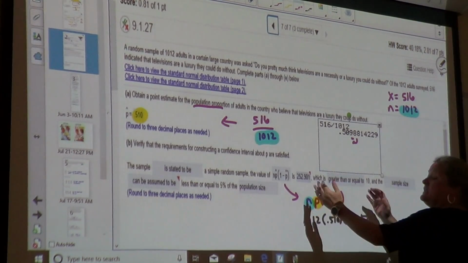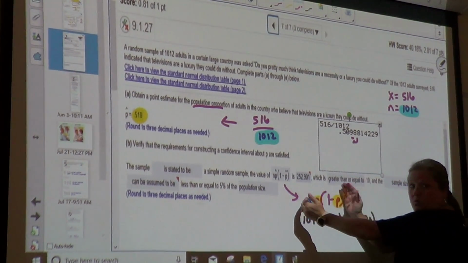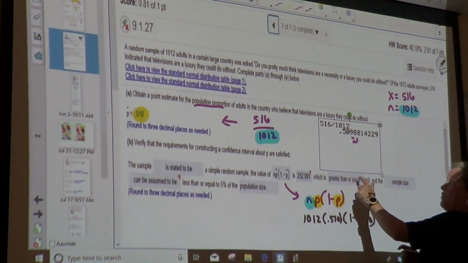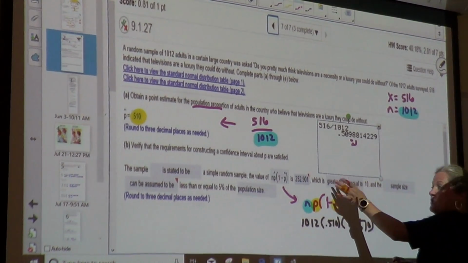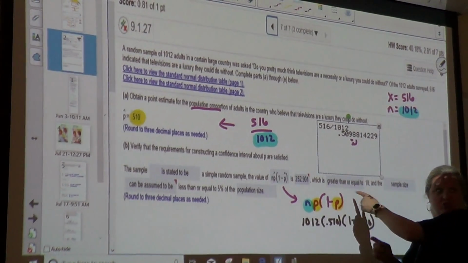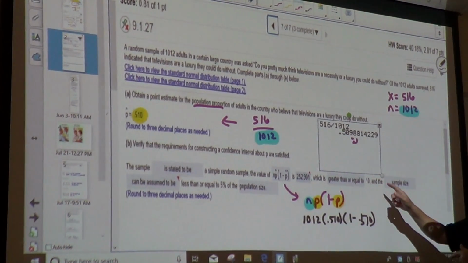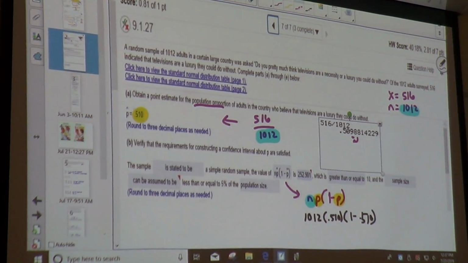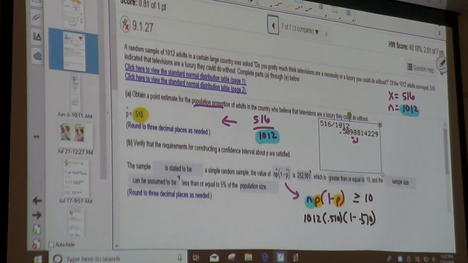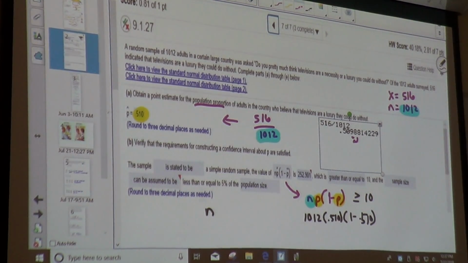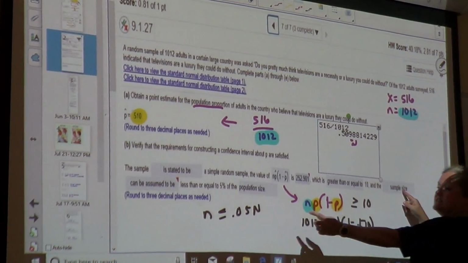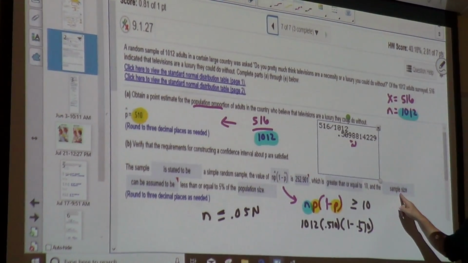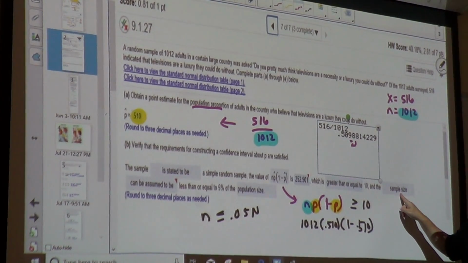Now, in the formula, it says that this has to be what? Greater than or equal to 10. So I just chose the one that says greater than or equal to because that's what the formula says. And the other formula, so this is the first formula. The other formula says that n is less than or equal to 0.05 big N. So what does little n mean? The sample size.